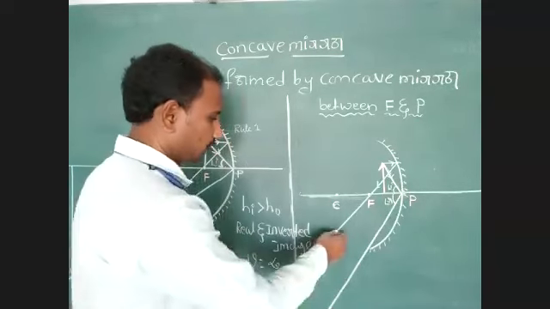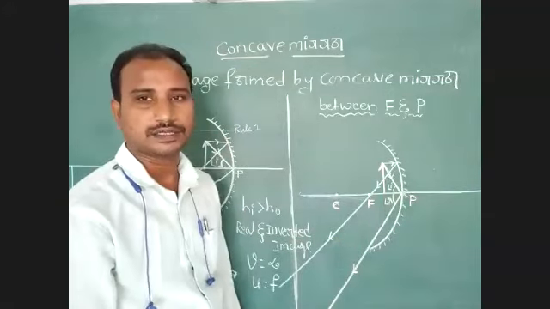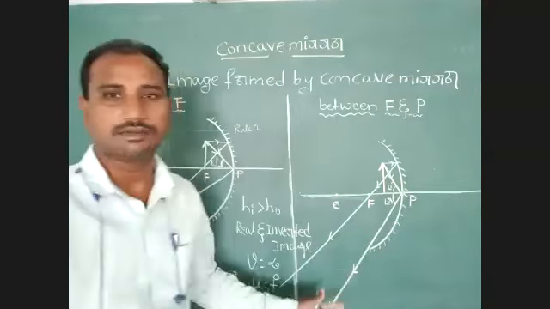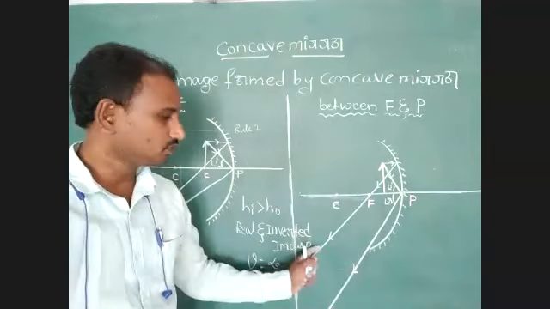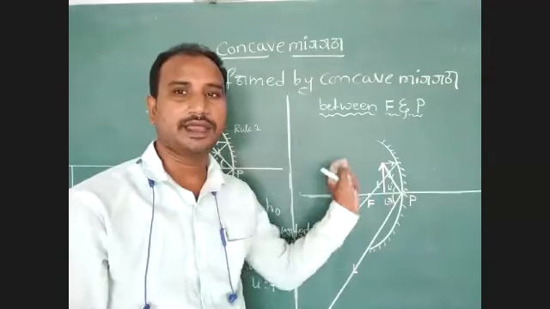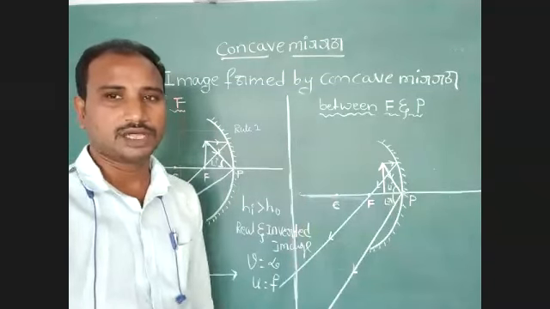So here we can identify these two rays are diverging after reflection. These two diverging reflected rays cannot intersect in the same medium, but they appear to come from inside the concave mirror.